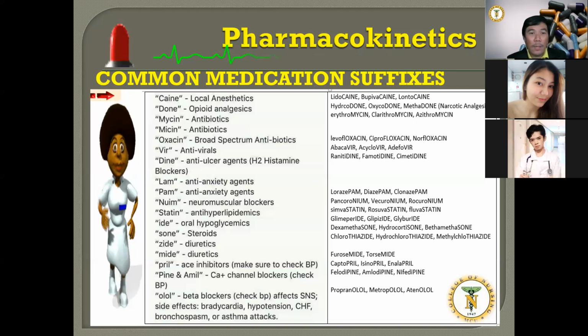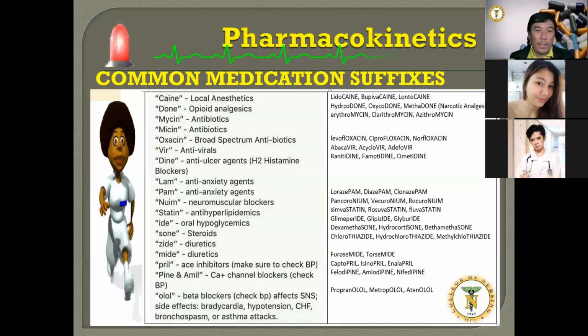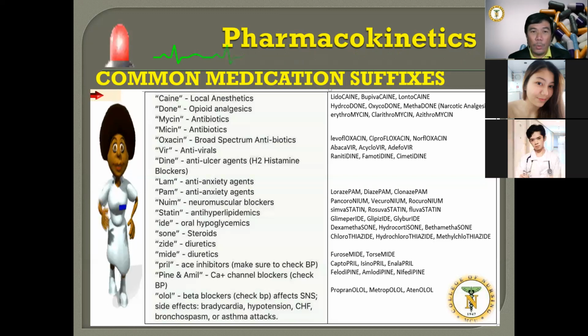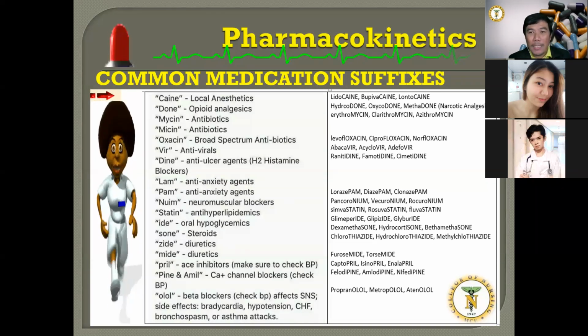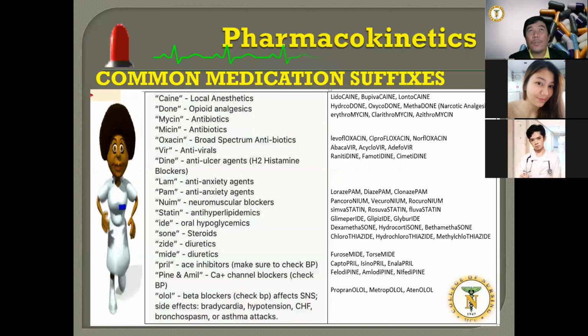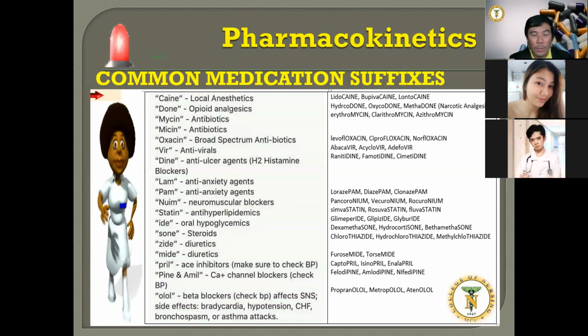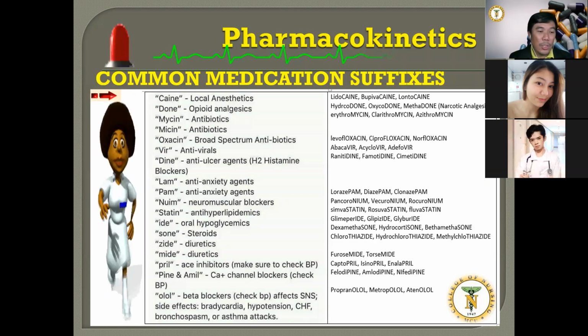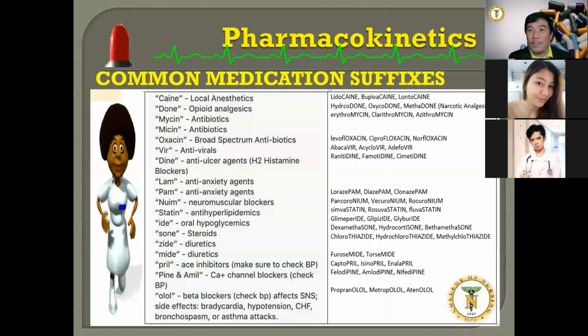Next, we have discussed the mycin antibiotics. We have erythromycin, clarithromycin or azithromycin, those drugs ending in mycin. Actually, class, when we talk about antibiotics, I know for a fact that you have studied this in your microbiology and parasitology, all about the gram positive and the gram negative.